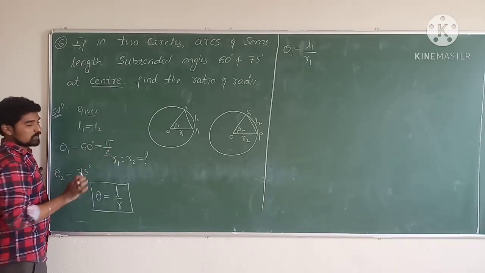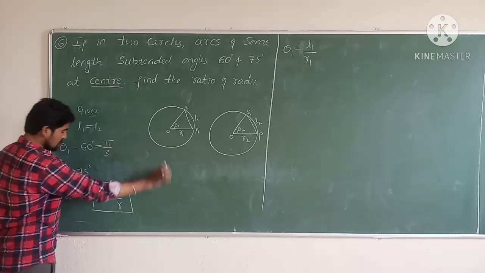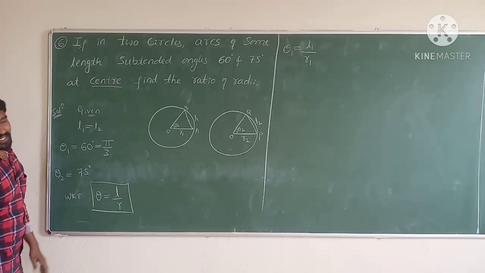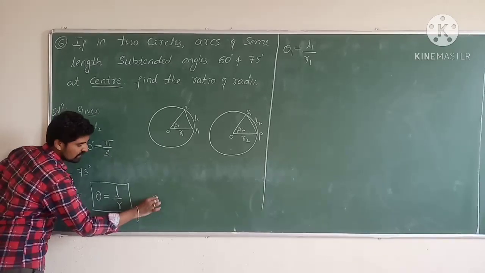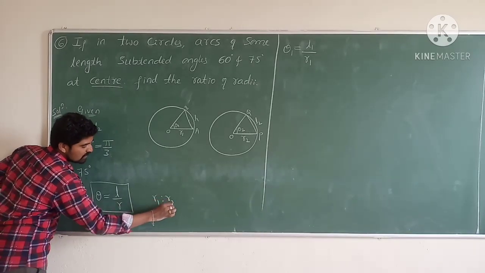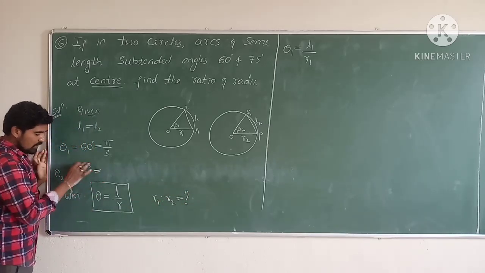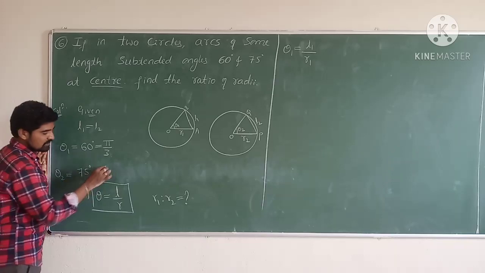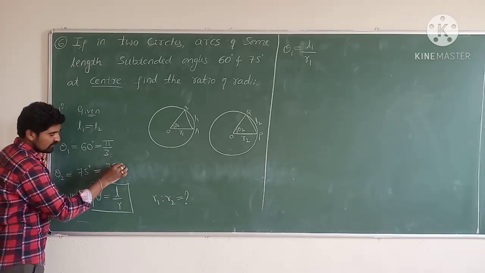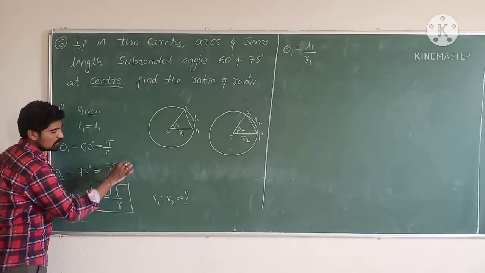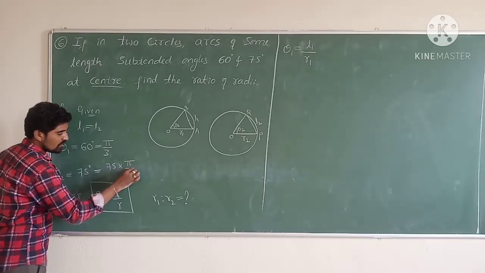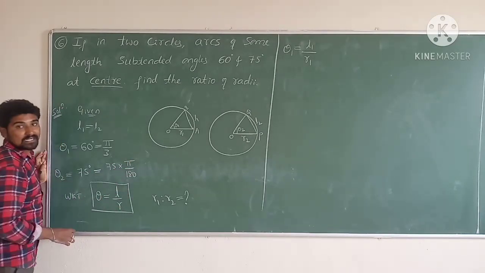pi by 3. Now 75 degree is equal to how many number of radians? For that, to convert 75 degree in radian measure, 75 into pi divided by 180.